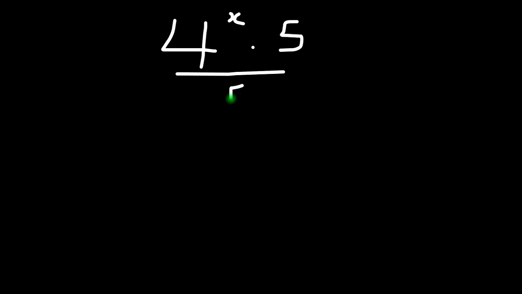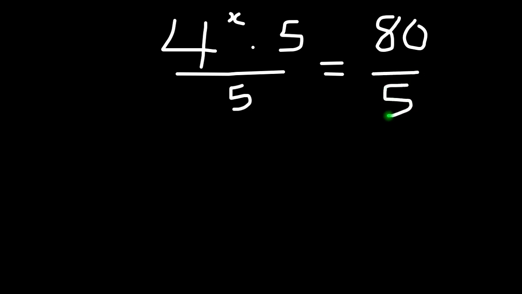This gives us 4 raised to power x multiplied by 5 divided by 5 equals to 80 divided by 5.